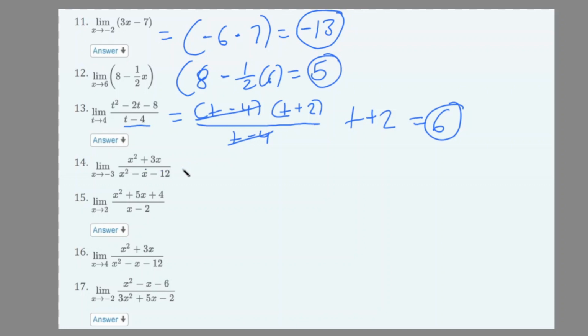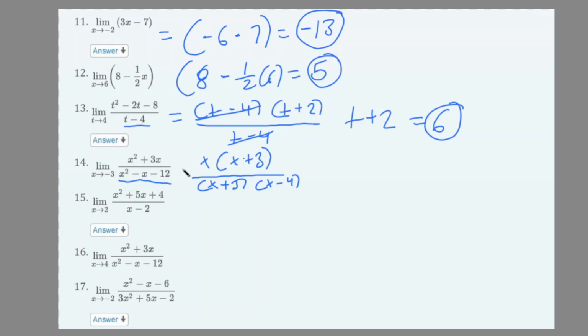Now for 14. Same thing here, if you plug it into the denominator, it gives you 0, which would be undefined. So we're going to do the same thing, we're going to factor it out. On the numerator we have x times x plus 3, and on the denominator we have x plus 3 and minus 4.